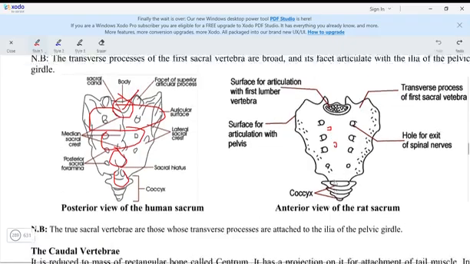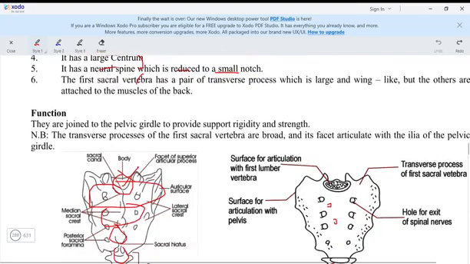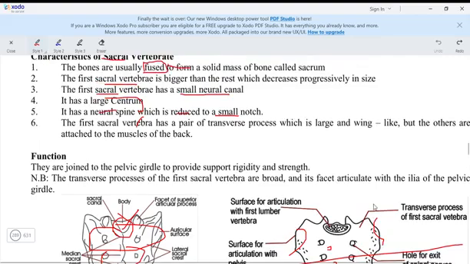So they are very short. Then number six, the first sacral vertebra has a pair of transverse process. If you start from here, on the left you will see transverse process. So that's from the first sacrum. But if you start coming down, you will not see transverse process again.